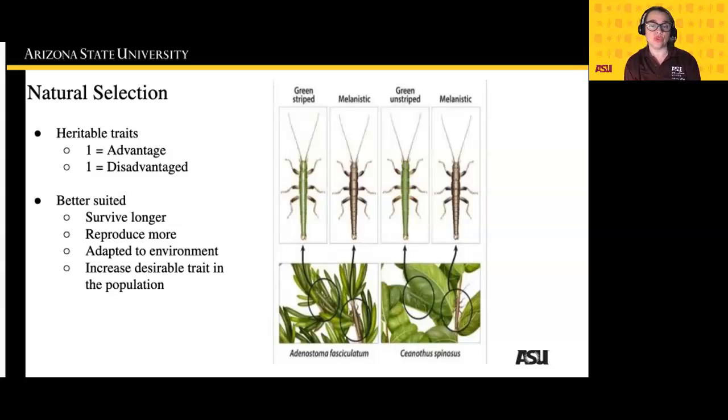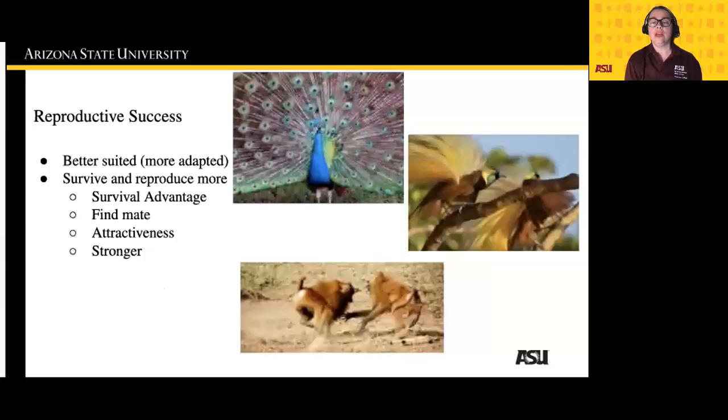Over time, those green bugs, which are better suited to the environment, will continue to be selected for, shifting the allele frequencies to evolve over time. The organisms with this desirable trait advantage are said to have better or higher reproductive success than those without. They are better suited or better adapted to the environment in which they live.